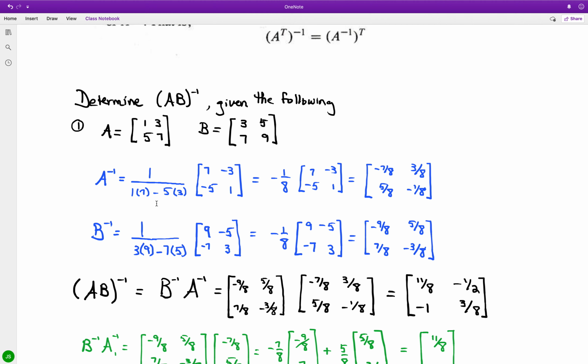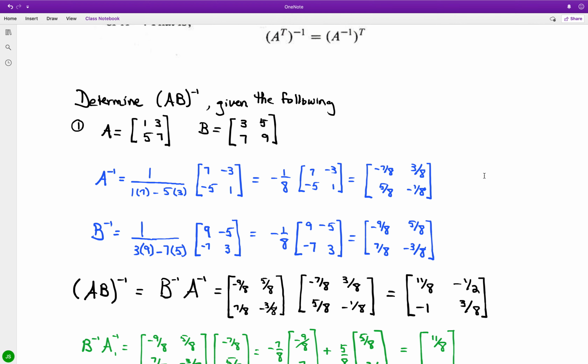So for the resulting fraction we have negative 1/8, distributing over 7, negative 3, negative 5, and 1. It turns out that for the inverse of A, we have negative 7/8 and 3/8 at the top, and at the bottom 5/8 and negative 1/8.